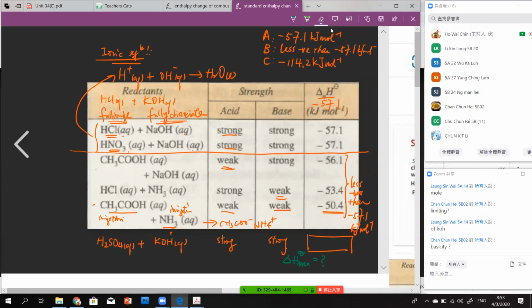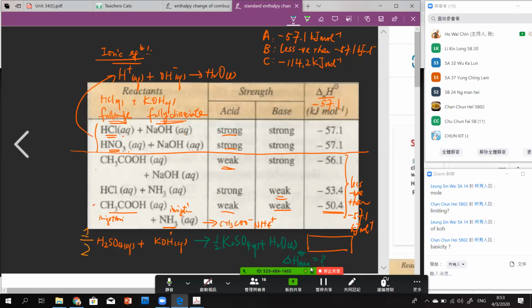Yes, I know it is strong acid, strong alkaline, but what is the equation? The equation is what? Half, yeah, to form... You mean this?